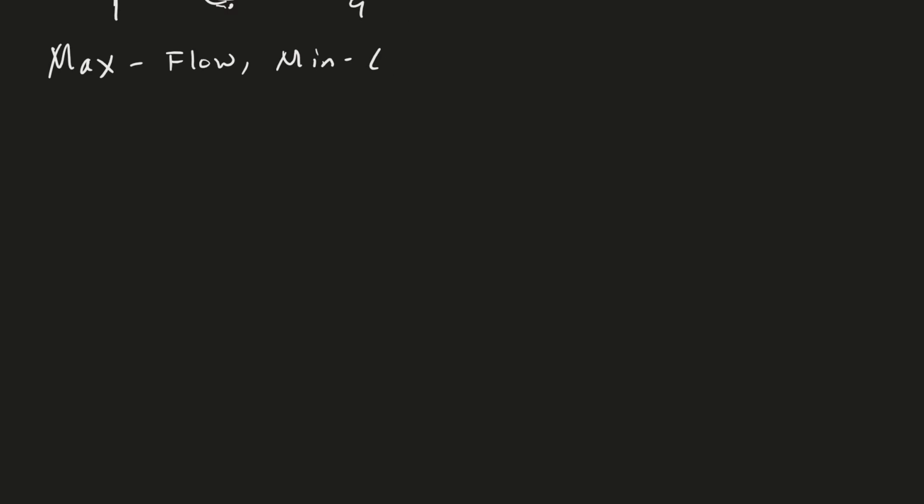Okay, so we're going to talk about something called the max flow min cut theorem. I'll just go ahead and state the theorem first, and then we'll talk about it.